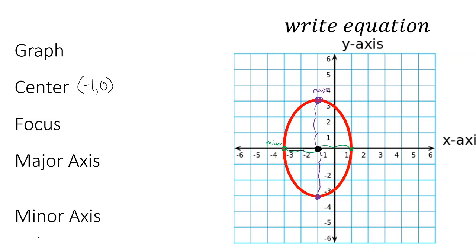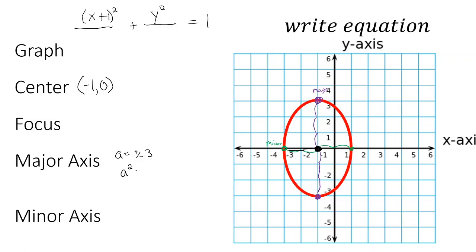So when I come up to my equation, I'm going to say (x plus 1) all squared and y squared, or y plus 0, it doesn't really make a difference, and it's going to equal 1. Now I know how far it is to the major axis: a equals plus or minus 3, because I counted 1, 2, 3 on the major axis.